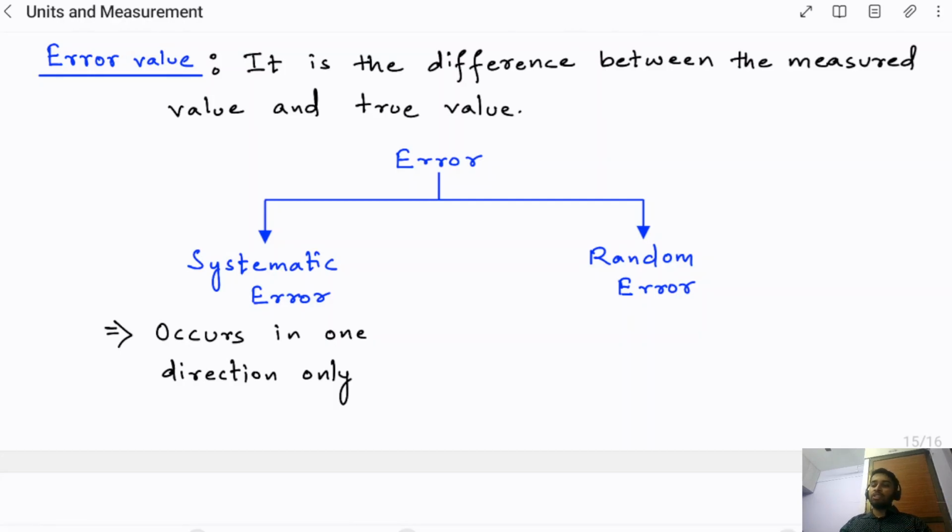Positive error is when the measured value is more than the true value, and negative error is when the measured value is less than the true value. So systematic error occurs in one direction only, that is either always positive or always negative.